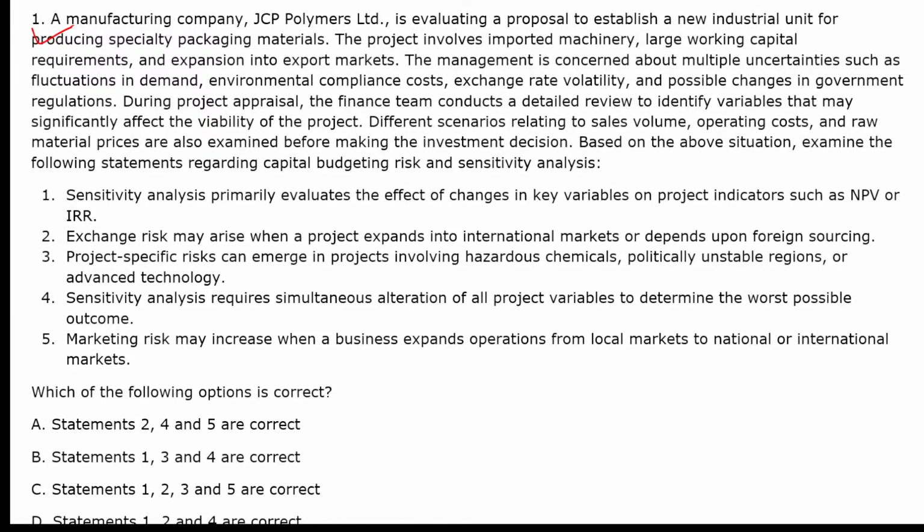During project appraisal, the finance team conducts a detailed review to identify variables that may significantly affect the viability of the project. Different scenarios related to sales volume, operating cost, and raw material prices are also examined before making the investment decision. Based on the above situation, examine the following statements regarding capital budgeting risk and sensitivity analysis.